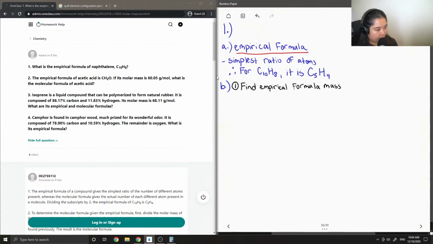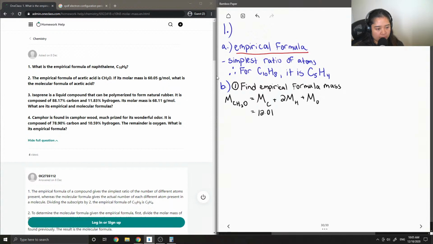So first, we need to find the empirical formula mass. The empirical formula is CH2O, and I just denoted it as a capital M, as if we're finding the molar mass of CH2O. It would be the molar mass of carbon plus 2 times the molar mass of hydrogen plus the molar mass of oxygen.